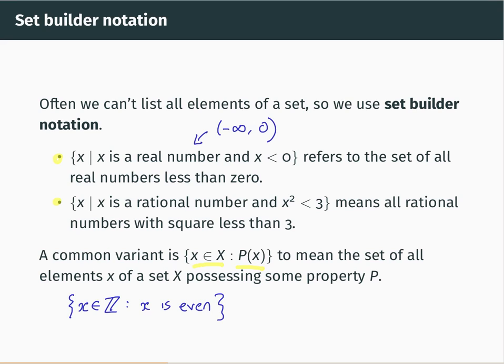That's something which might be true or not for a particular integer x. And here Z, I'm going to define this properly later, just means the set of all whole numbers, positive or negative. So of course what this refers to is the infinite set consisting of all the numbers -4, -2, 0, 2, 4, and so on. And this is a further example of our set builder notation.